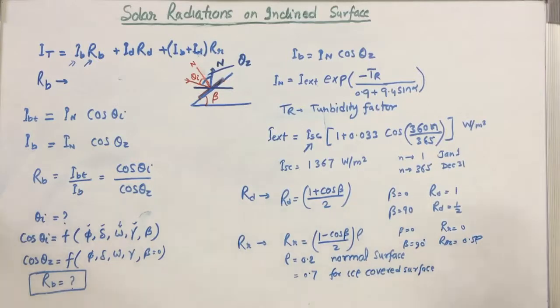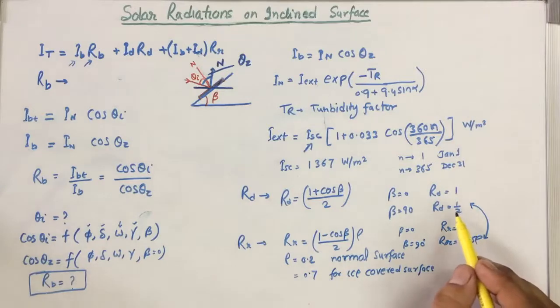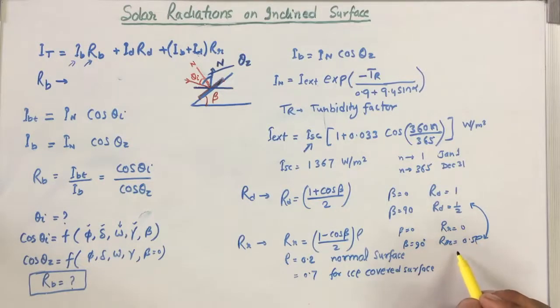So just see this, if beta is equal to 90, what we observe is that half of the diffused and half of the reflected radiations are received by the surface.